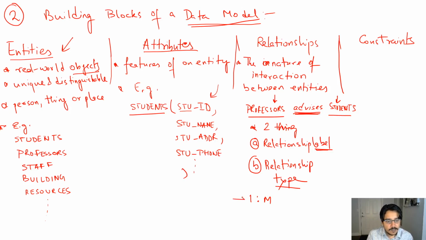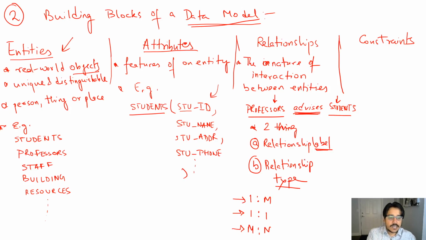The second relationship type is 1:1. That is, one unit of a given entity is associated with only one other unit of the other entity. And then the last one that you have is m:n. Okay, where m units of a given entity are associated with n units of another entity.